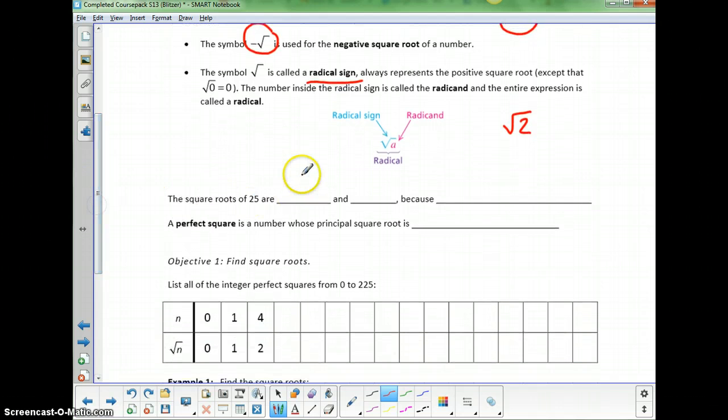Now, when we're talking about square roots, the square roots of 25 are 5 and negative 5. 25 has two square roots. It has the principal or positive square root, and it has a negative square root, because both 5 squared and negative 5 squared are equal to 25.